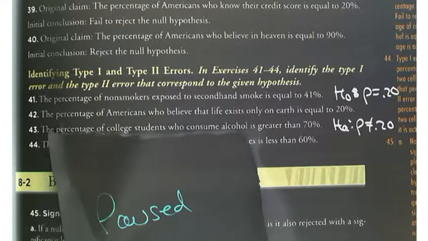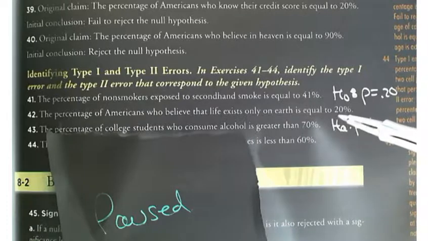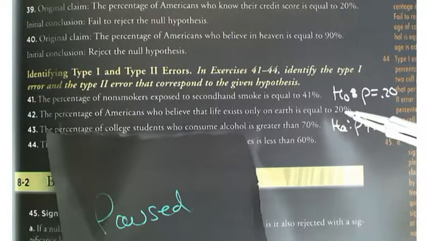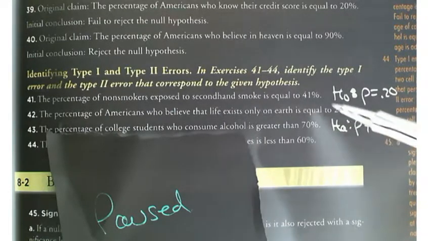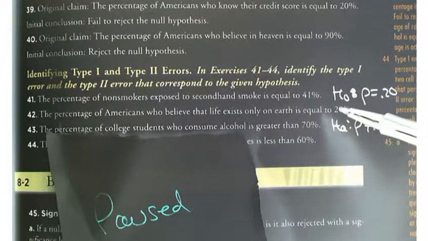Let's see. A type 1 error, we would reject the claim that the percentage of Americans who believe that life exists only on Earth is equal to 20% when it actually is 20%. So 20% of Americans think that life only exists on Earth, and the data lead to the opposite conclusion.